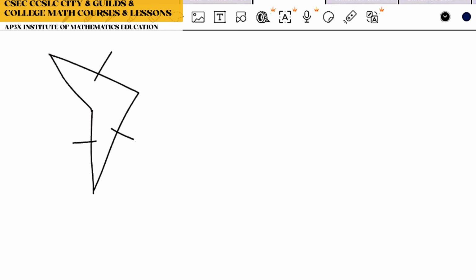I don't know why that draws so bad. Well, I'm going to get it. All right, so that's one shape. So that's 4 sides: 1 side, 2 side, 3 side, 4 side.